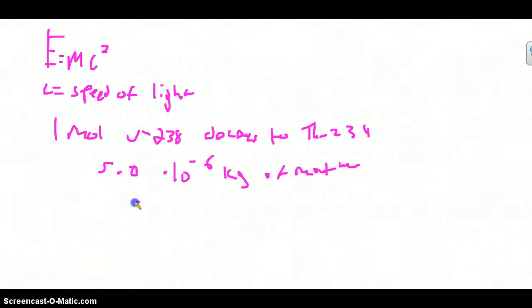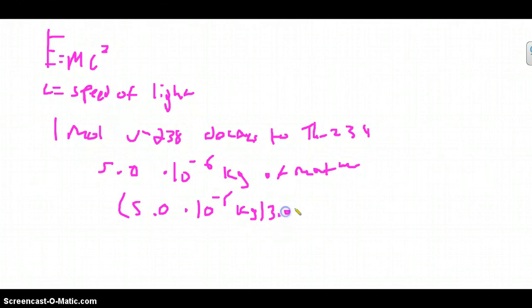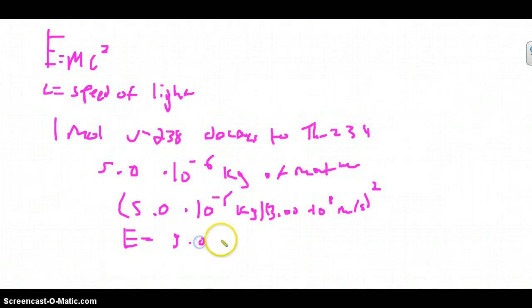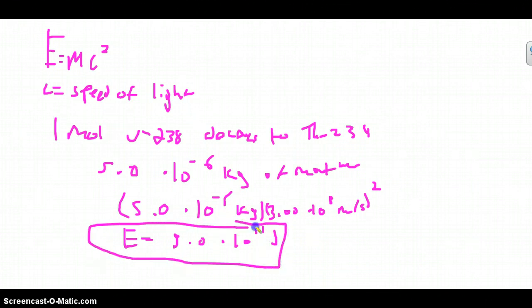We plug in 5.0 times 10 to negative 6 kg, all times the speed of light squared, which is equal to 3.00 times 10 to the 8th m/s squared. In other words, E equals 5.0 times 10 to the 11th in joules. Energy is usually always measured in joules. And that is basically it for Einstein's equation.